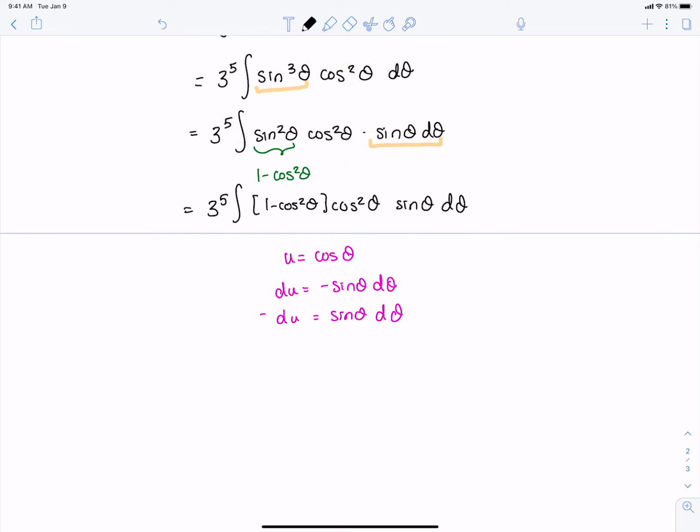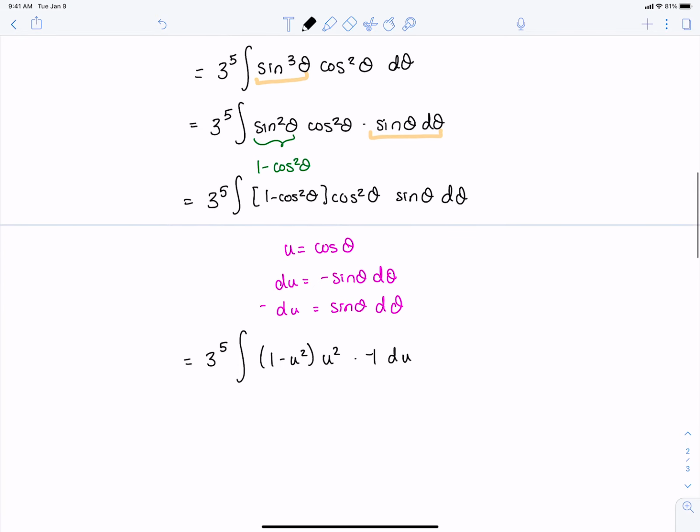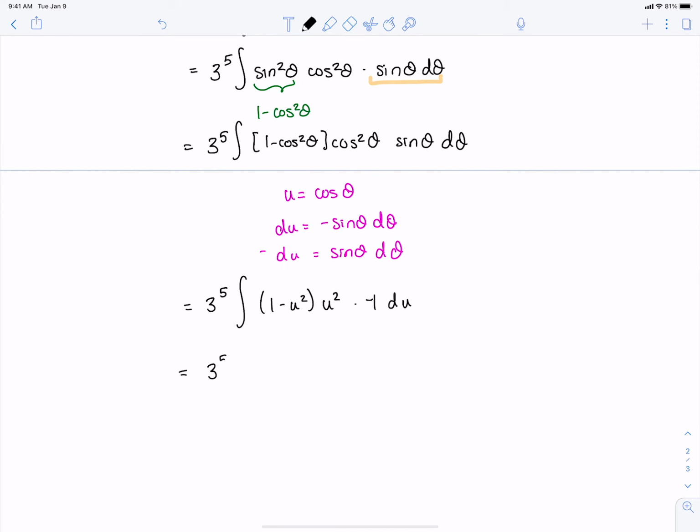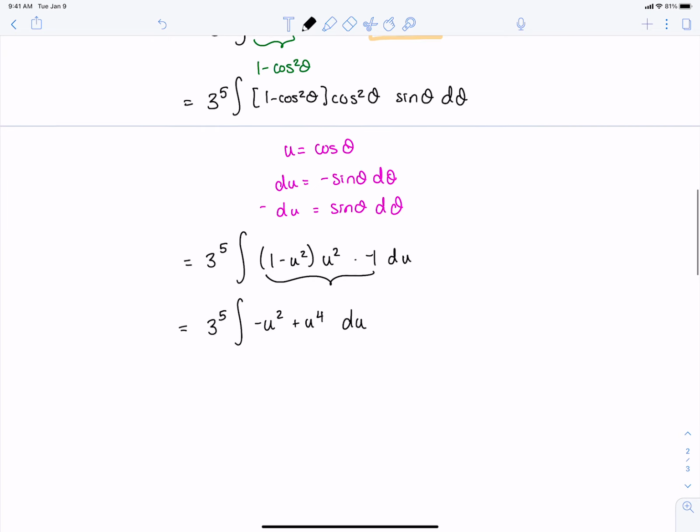So now in our integral, with that 3 to the 5th still out front, we're going to have the integral of 1 minus u squared times negative 1, du. So we had to do a second substitution, and sometimes we do have to do that on these. Multiplying by the negative 1, we get 3 to the 5th times the integral of negative u squared plus u to the 4th du.